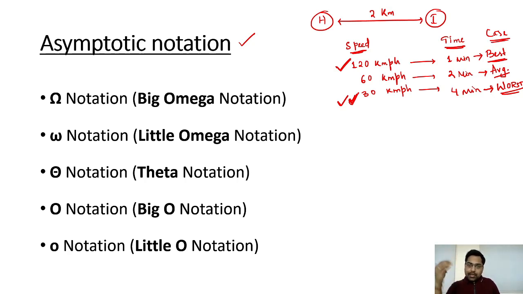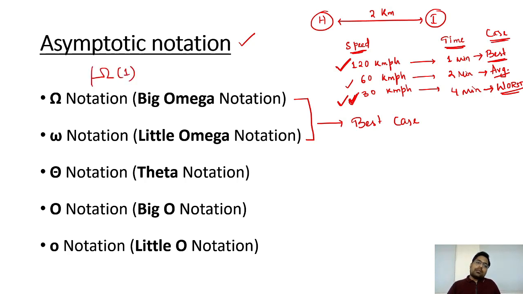Like we know time is less, so we should pick this as our worst time complexity, or best time complexity, or average time complexity. Here these two notations we are using as best case. While we are finding the best case, that time we are applying these notations. Sometimes you can see omega of 1, it is the best case always.